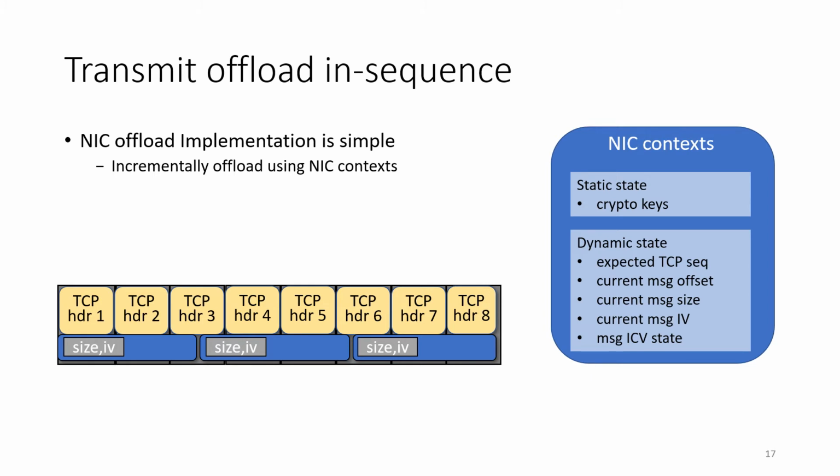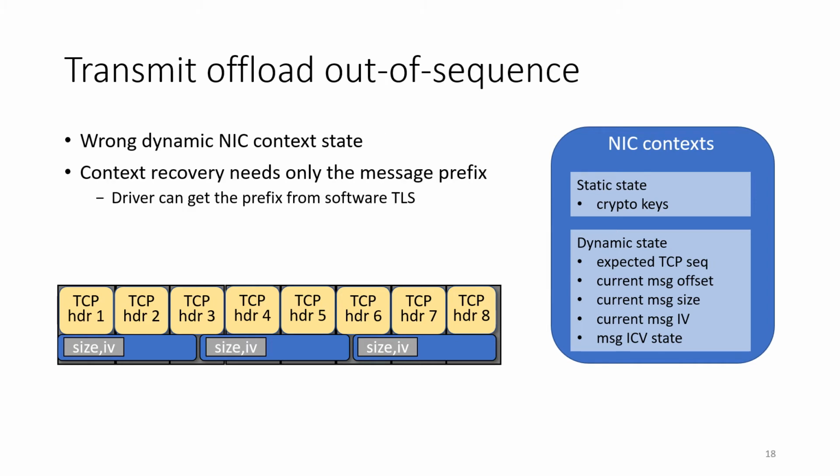The static context holds the encryption key, while the dynamic context holds the state required to encrypt the next expected TCP sequence number, its offset within the message, and the current message's size, IV, and accumulating ICV state. So when packets arrive in sequence, the expected sequence number will always match the dynamic context, and NIC hardware will always hold the necessary information to encrypt data in place.